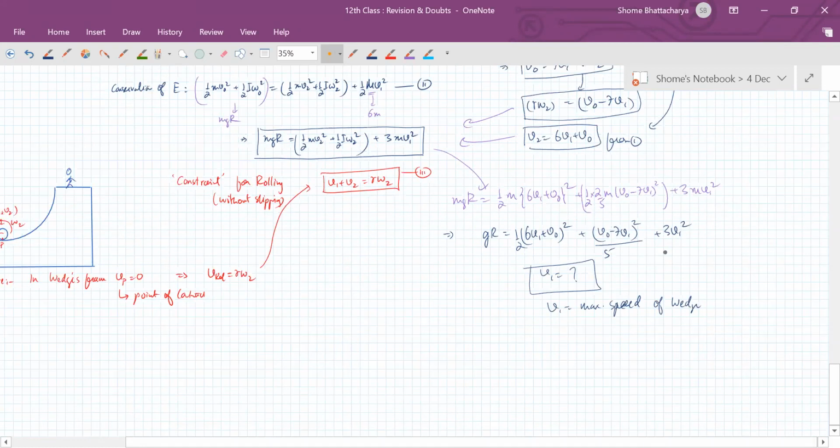So you'll get v1 in terms of v0, and remember to substitute v0 as square root of 10 by 7 gr finally. So it's still a bit of a job solving this quadratic equation.